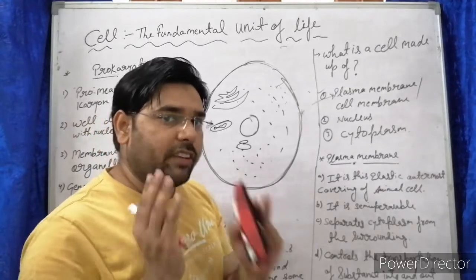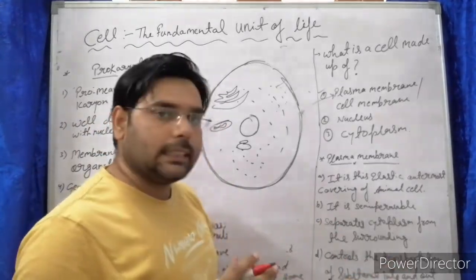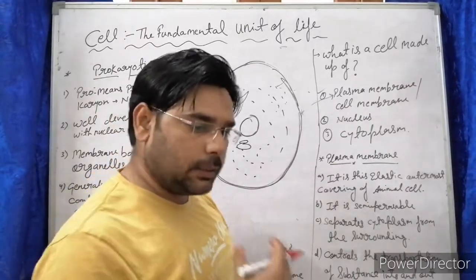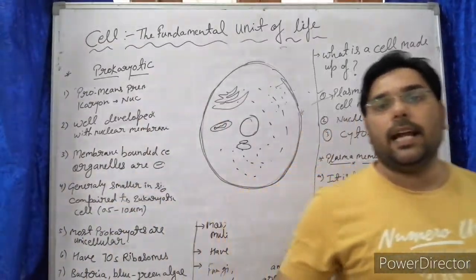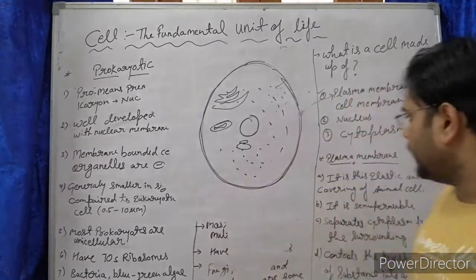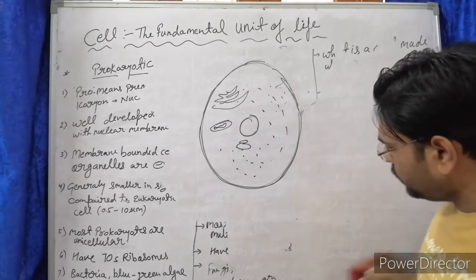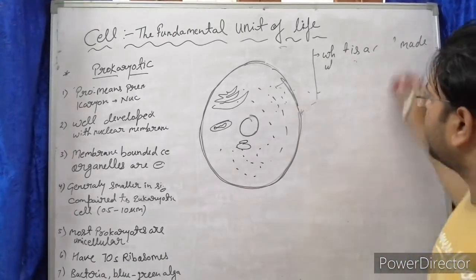the cell. Now we have to discuss how the substance moves into the cell and out from the cell. There are many substances which move into the cell and out of the cell.